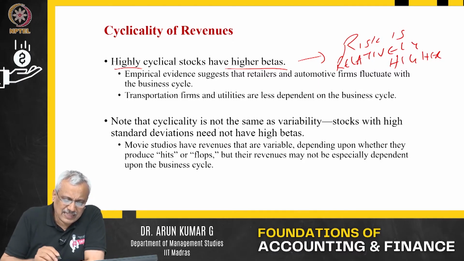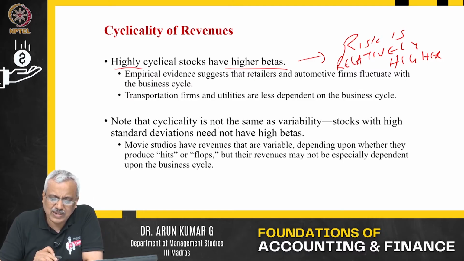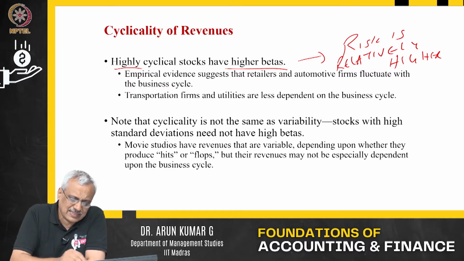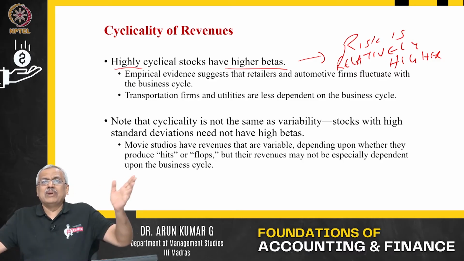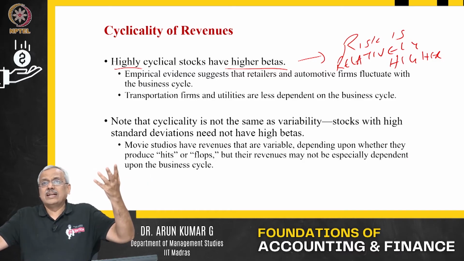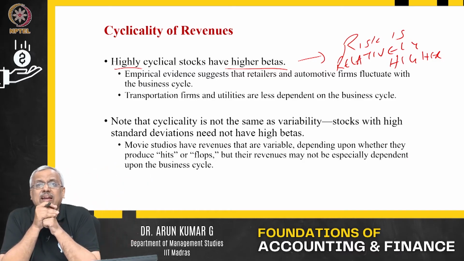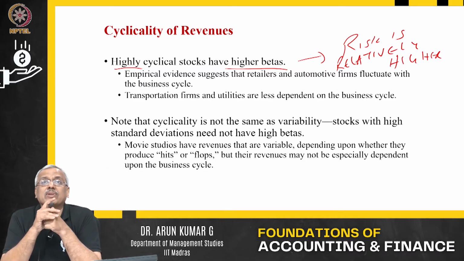Non-cyclical industries is not the same as variability, that is, stocks with high standard deviations need not have higher betas. It can have a high standard deviation, that is, the variability can be high, but beta need not be very high, risk may not be very high, but variability can be high.